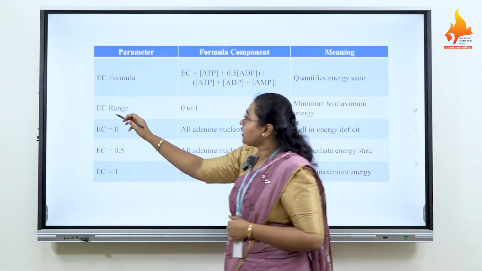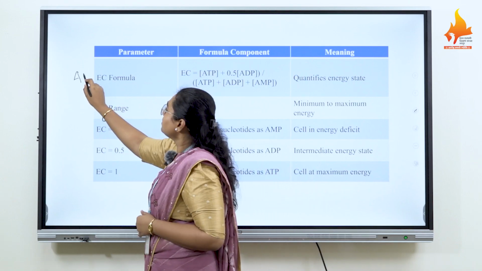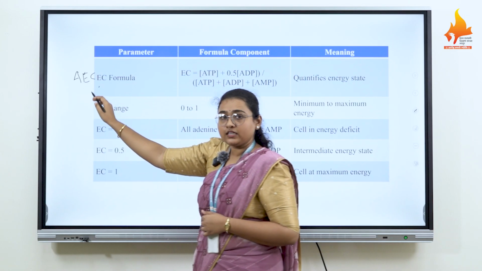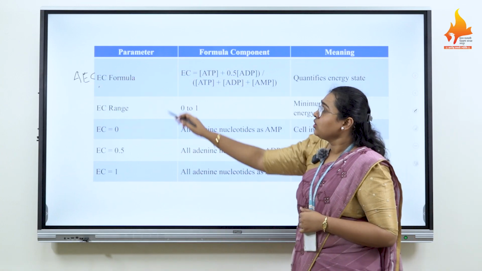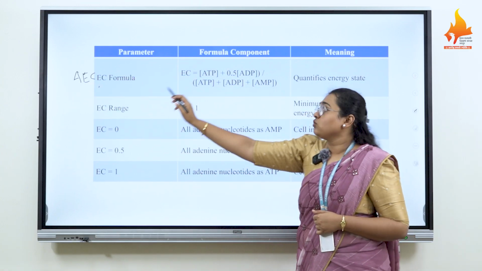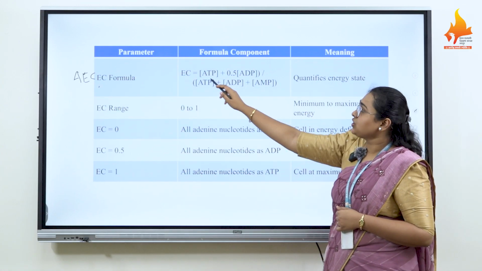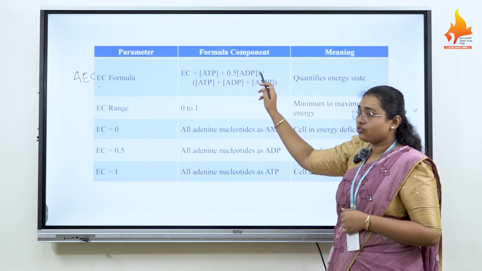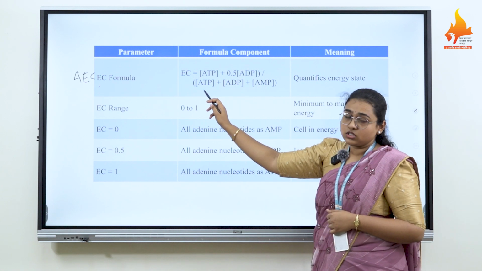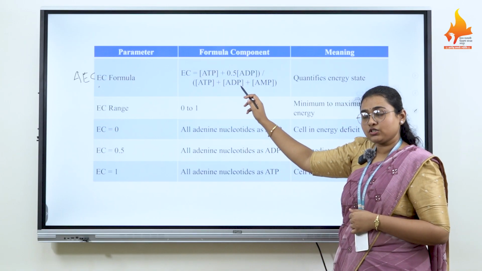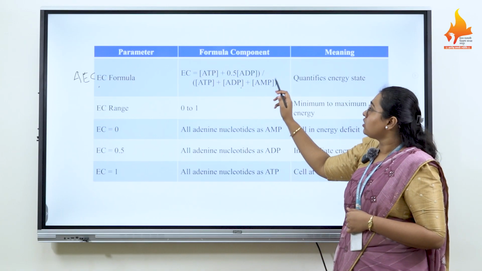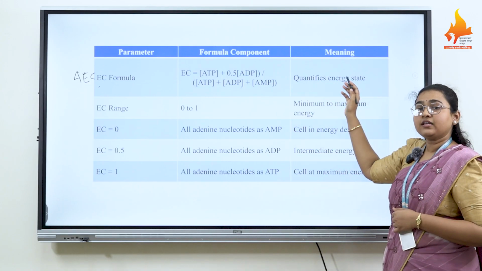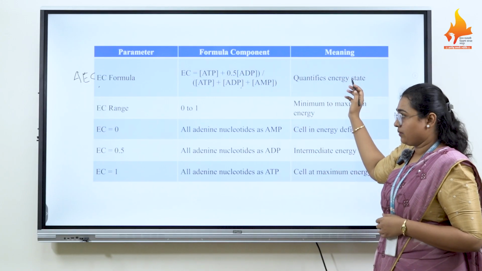Energy charge can be represented as AEC, adenylate energy charge. The energy charge formula is the ratio of the concentration of ATP plus 0.5 times the concentration of ADP, upon the concentration of ATP plus the concentration of ADP plus the concentration of AMP. This formula helps to quantify the energy present in the cell.